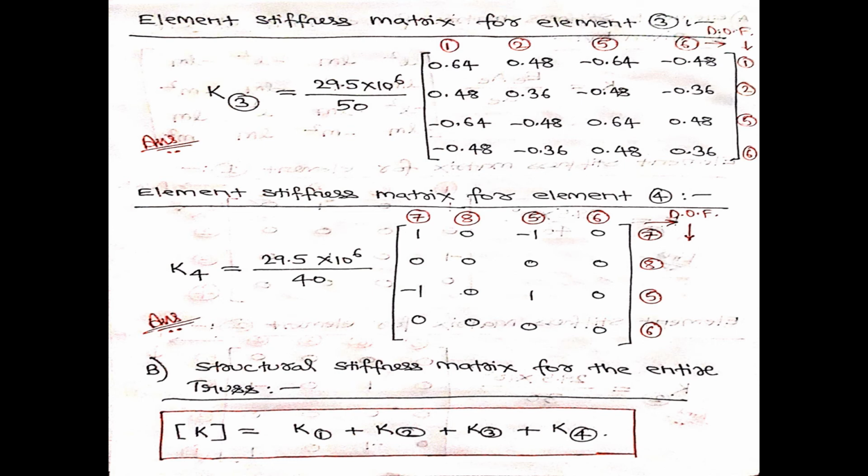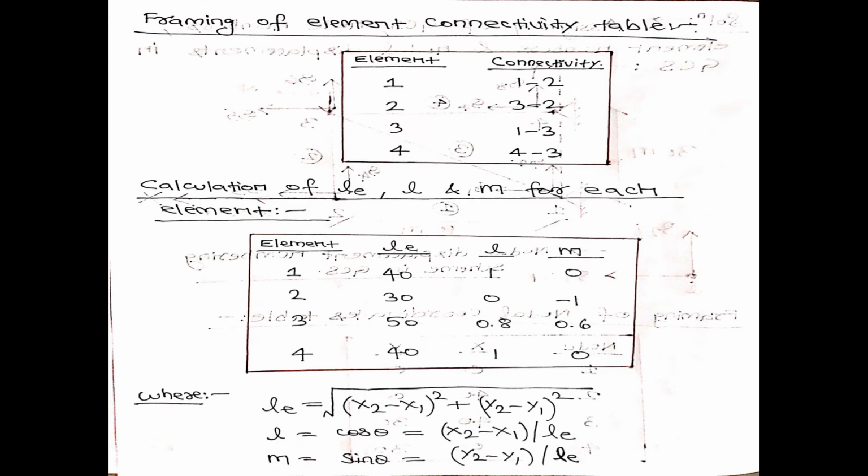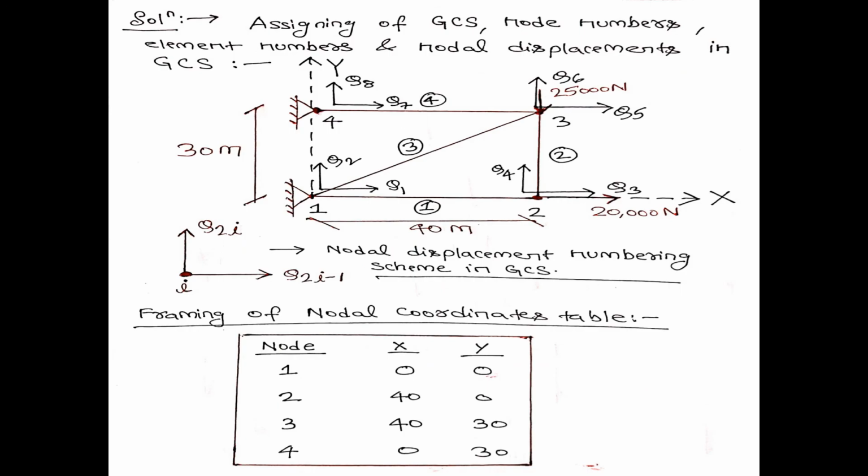Now, what will be the order of the global stiffness matrix? The order of any stiffness matrix depends upon the degrees of freedom present in the structure. Since we are talking about the global stiffness matrix, we consider the degrees of freedom of the entire truss structure.